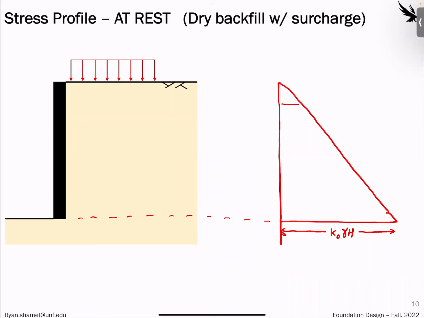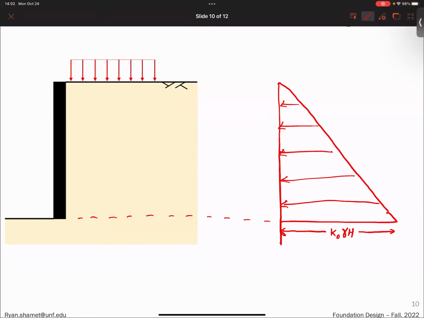And we would do the same thing as before, since this is a stress profile. We could find the resulting force from this. I'm just going to draw it in orange here. So we could find our resulting force.